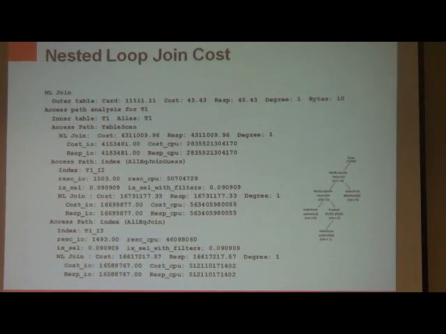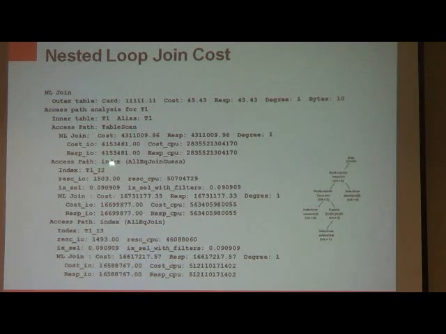Is that clear? So I can review those numbers, and in this case it's saying, if I join T2 first and T1 second, when I join T1, my total cost, including this many times T1, is going to be this number. That is if I do a full table scan.